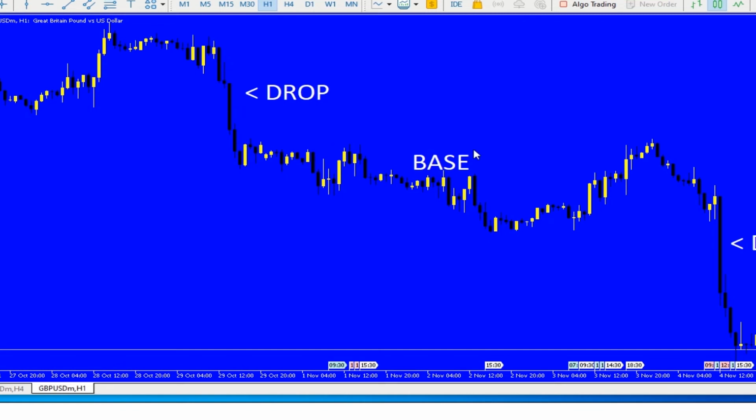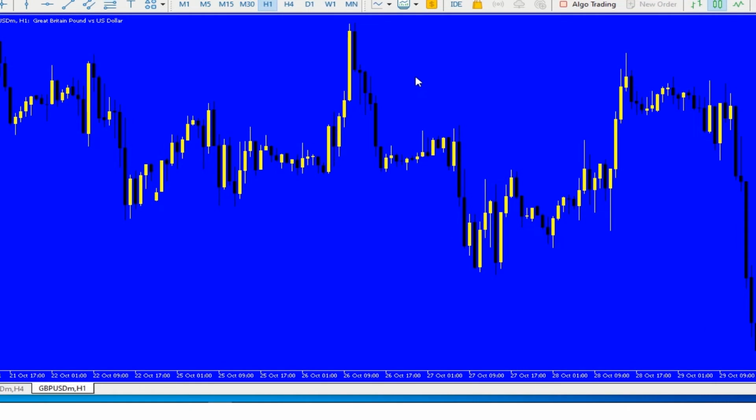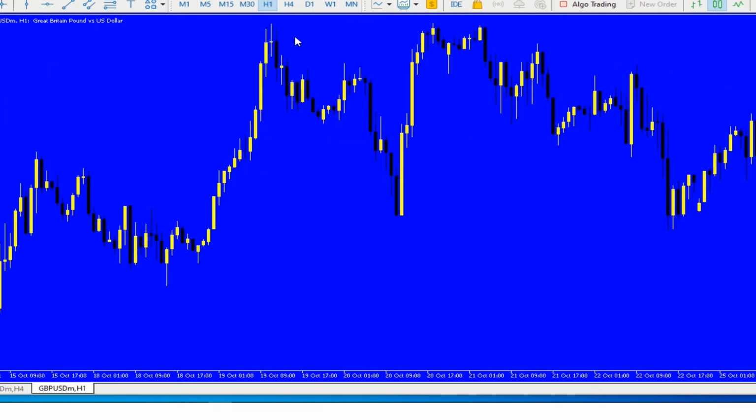After that, we have our base, which means supply level or consolidation or equilibrium level. After that, price made another drop formation. Let's look at more case studies. We again have another one here. This is our drop formation, supply level, then drop. Another drop here, supply level, then drop.